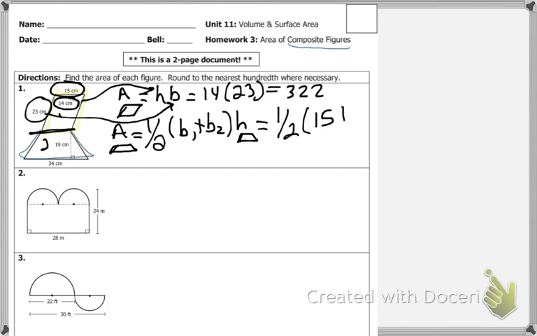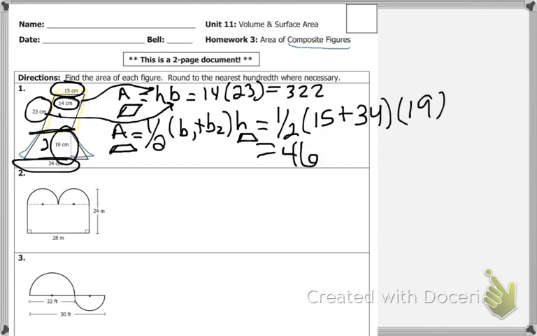So 15 plus the second base, 34, and then we have the height times 19. These together multiply out to be 465.5.